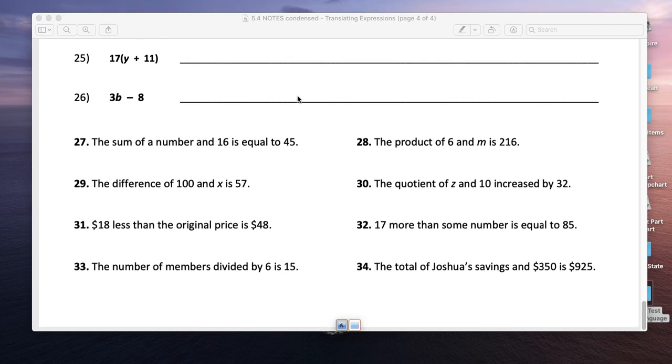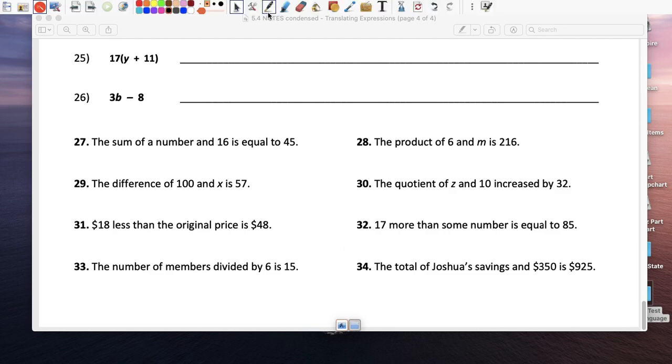And we have a few to translate again to an equation or an algebraic expression. Sum is plus. The sum of a number, n, and 16 is equal to 45. Product is multiplication. Product of 6 times m equals 126.